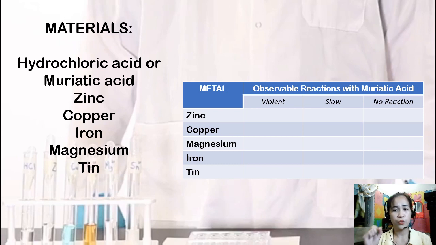You are going to write the observable reactions with muriatic acid for the different metals: zinc, copper, magnesium, iron, and tin. Try to watch the video carefully. As you observe their reactions with muriatic acid, just check the box: it is either violent, slow, or no reaction.